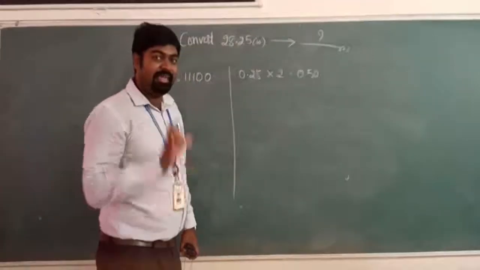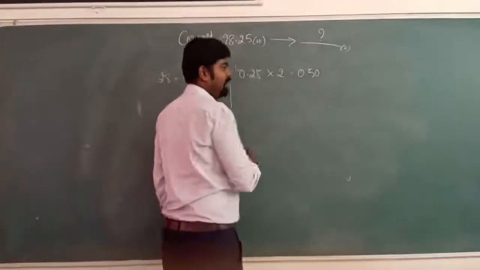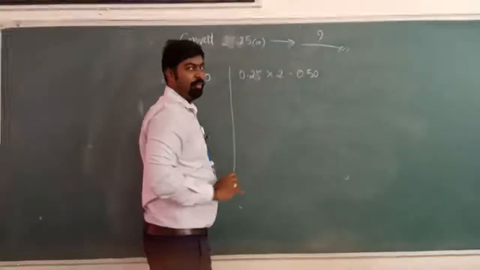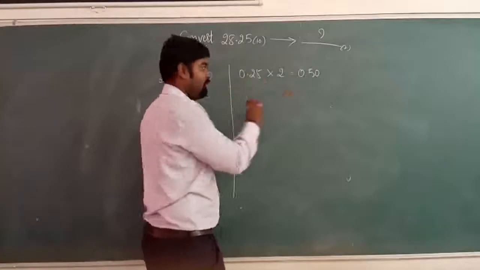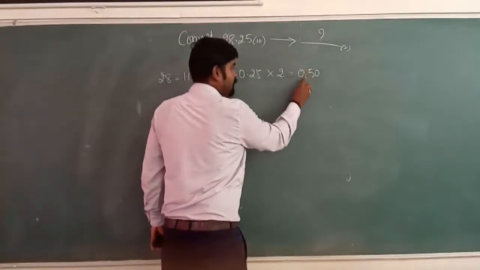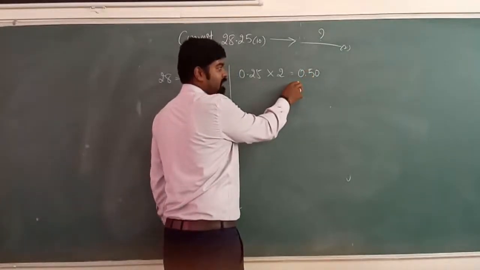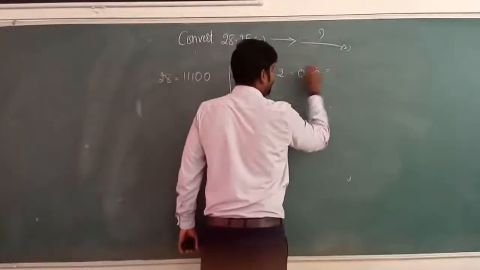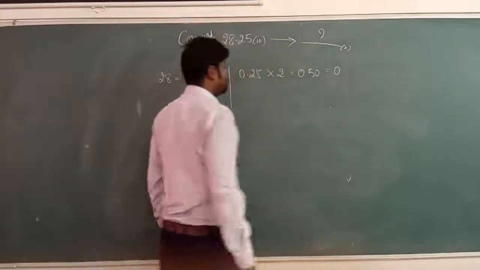Now what is the integral remainder you are left with? The integral part means the number to the left of the decimal point. So this is the decimal point, and the number to its left is 0. So that is the integral remainder. Keep this apart. So you have 0.